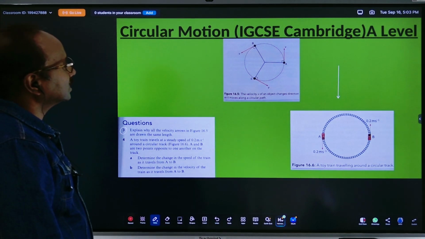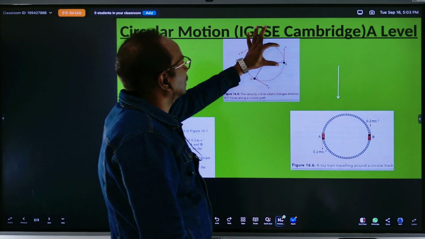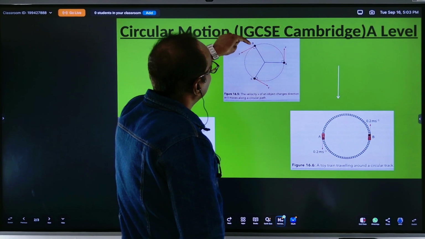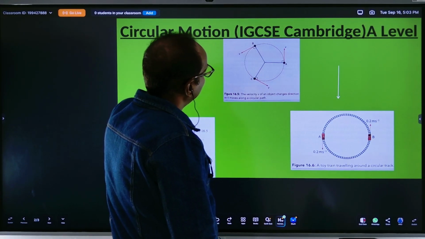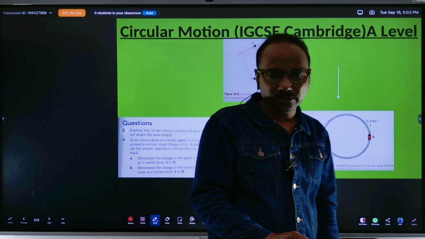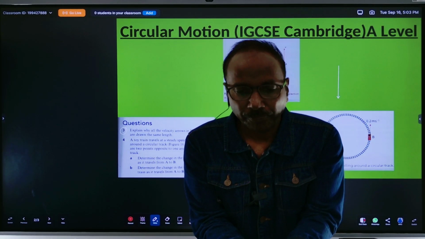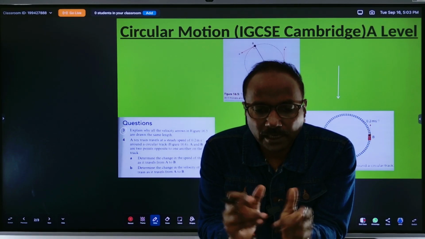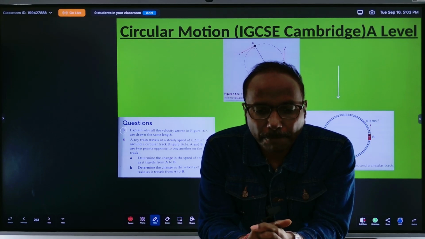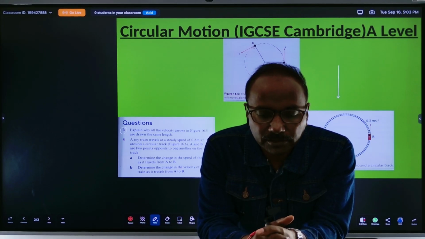So you can say the length is same means speed at A is equal to speed at B is equal to speed at C, because you know in a vector the length of the vector represents the magnitude of that vector.